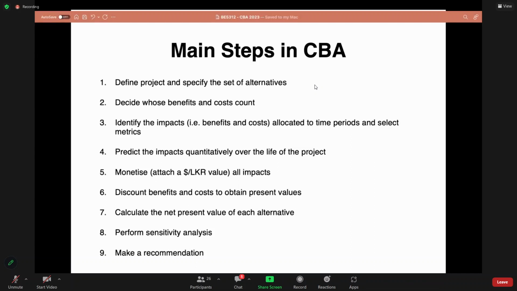Starting with defining a project and specifying the available alternatives, then deciding whose benefits and costs we are going to count, then identifying the impacts, then predicting the impacts quantitatively and monetizing these impacts, discounting them, then calculating the net present value, performing sensitivity analysis, and making recommendations. So we'll go through each of these steps one by one.